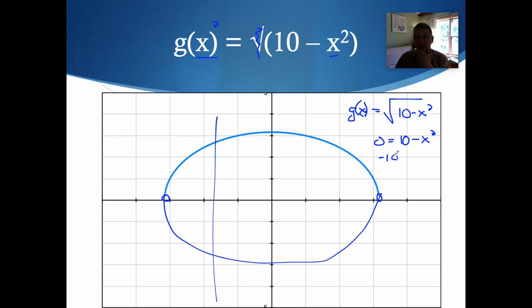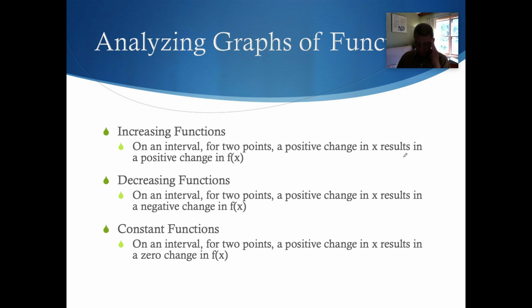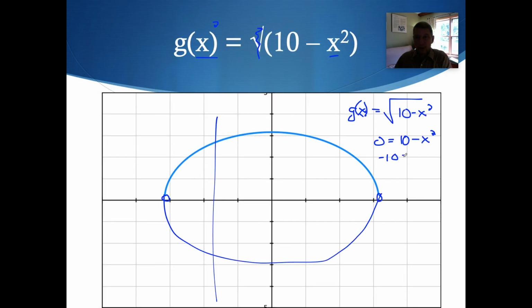Subtract 10 from both sides. So -10 equals -x squared, and therefore 10 equals x squared, and x is going to equal plus or minus the square root of 10.